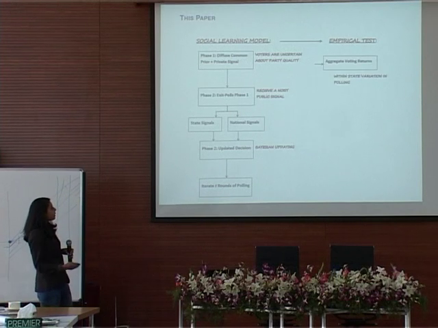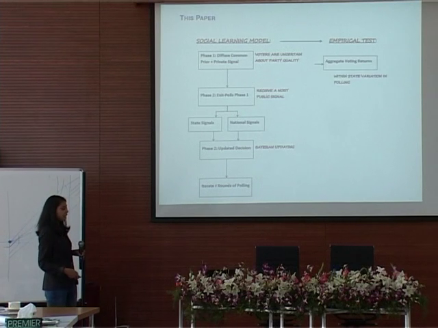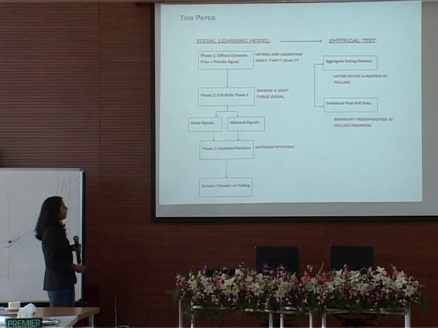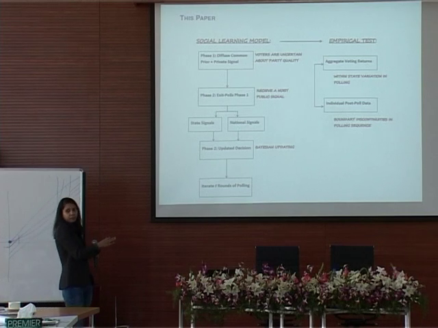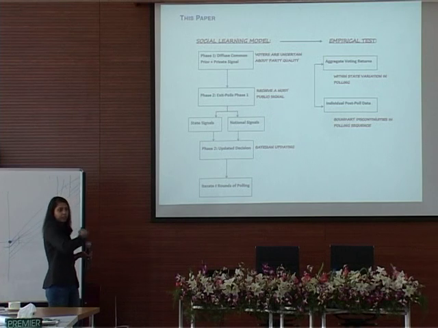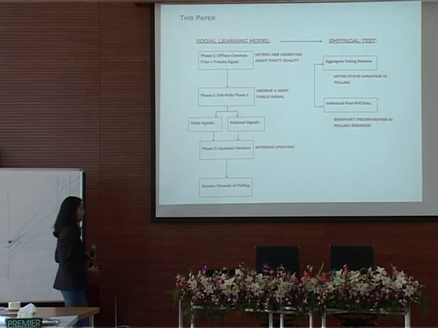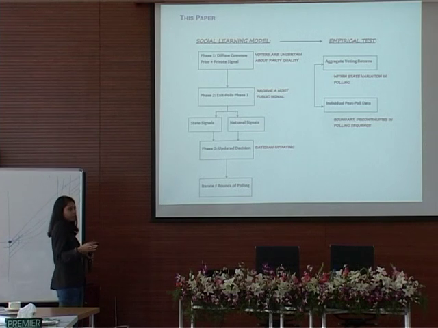I'm going to use two tests to try and see if the social learning holds. One is to use within-state variation in polling using aggregate voter returns. I'm not going to talk about it because I won't have time, but it's a market structure model. The idea is to identify the parameters in the belief updating.